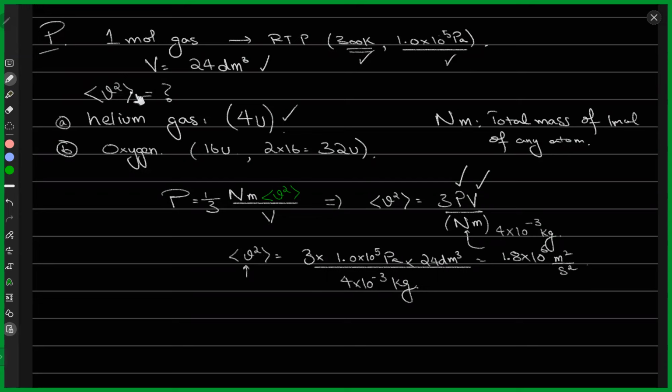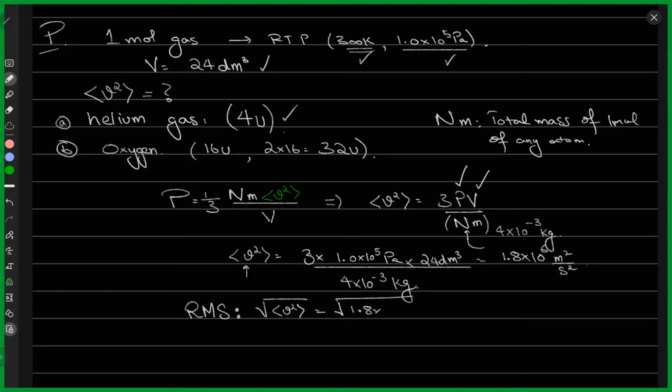The question was to find the root mean square value. We normally write it as RMS, and the root mean square value is simply the square root of this value, which would be the square root of 1.8 into 10 raised to power 6. And well, you can work that out.